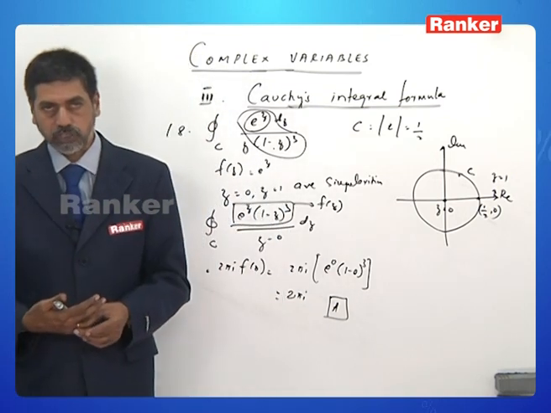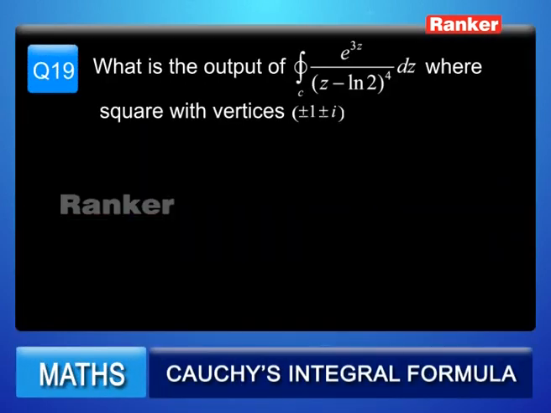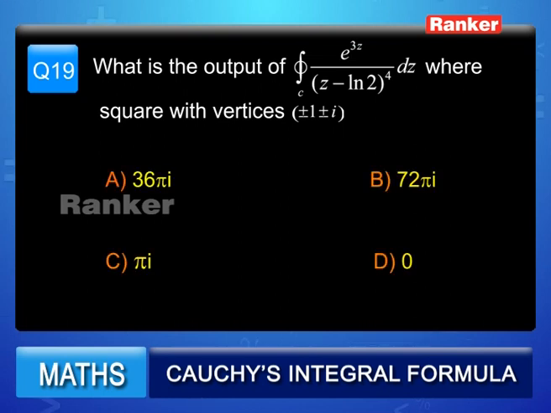Let's go to the 19th question. Question number 19. What is the output of integral e power 3 z dz by z minus log 2 to the power of 4, where c is a square with vertices plus or minus 1 plus or minus I?